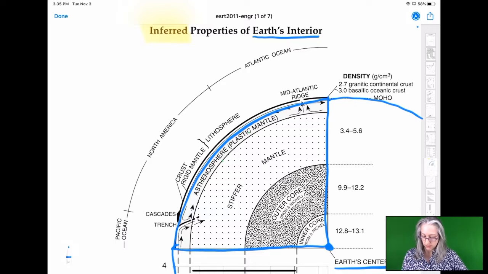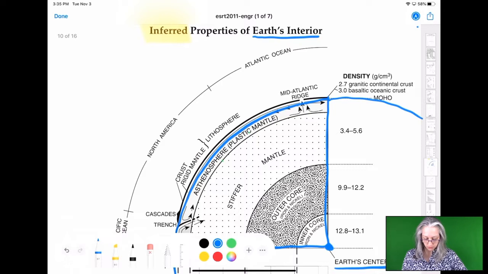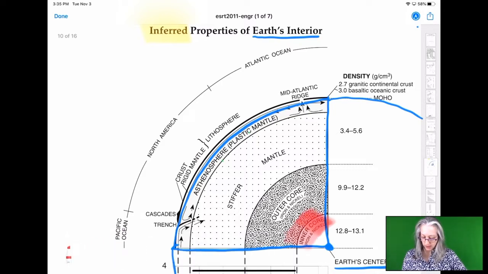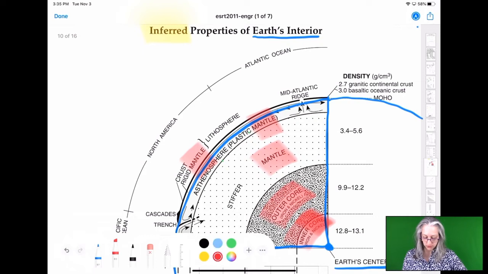So each of these different layers of the Earth are all listed here. For example, the inner and the outer core are listed here. And then the mantle, there are 3 different types of mantle listed here. We've learned essentially a couple of them, but we haven't talked about all of these.